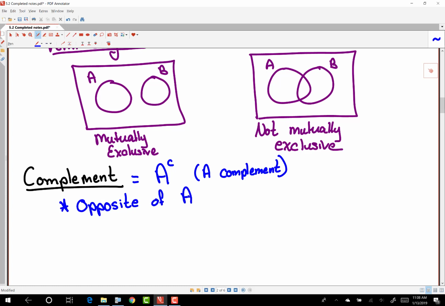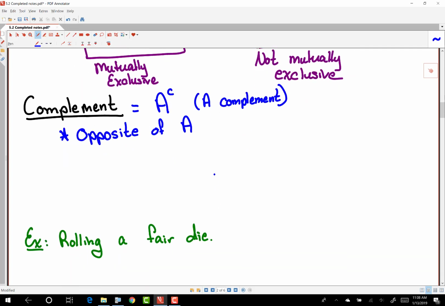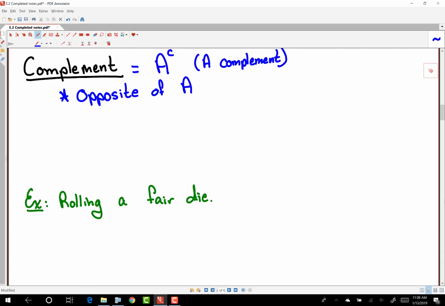So if you remember that example we did with the bills and whether they were paid on time or not in the last section, if event A was the bill was paid on time, then the opposite of A would be the bill was paid late. And so that would be A complement. So let's look in terms of our example that we've been using, rolling a fair die.